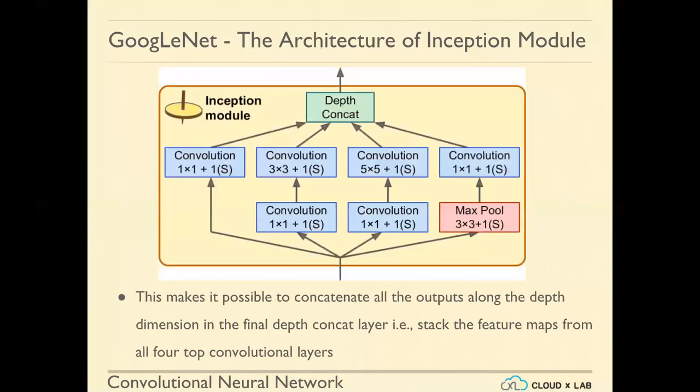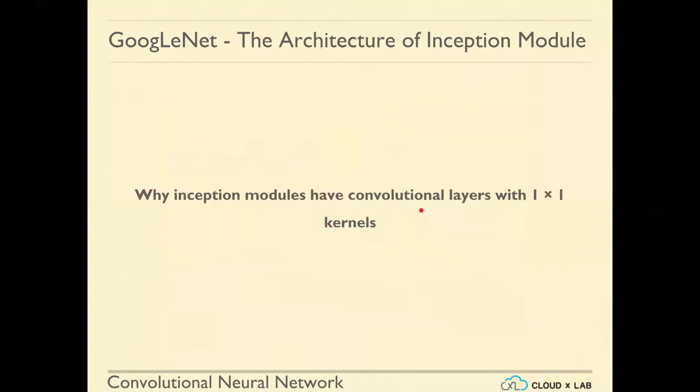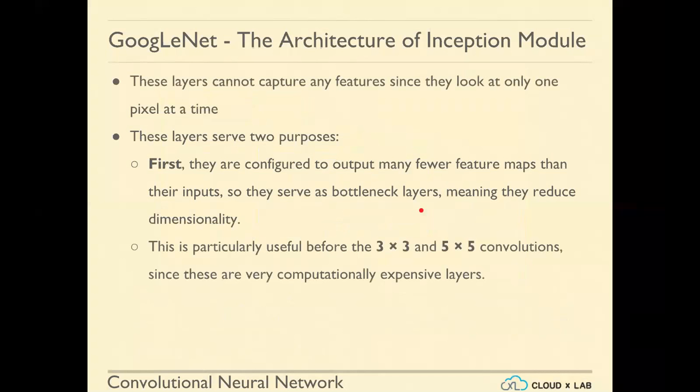So the one by one convolution layers essentially drop many features, and they work like a bottleneck. Okay, while the same input is replicated parallelly, these all are trying to drop some of the features at once.